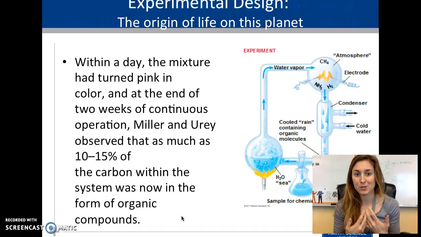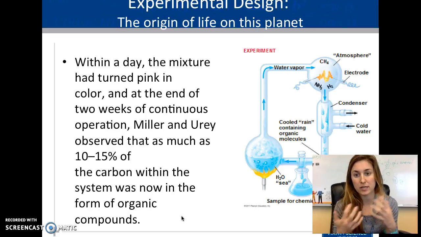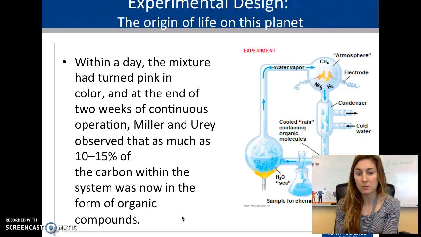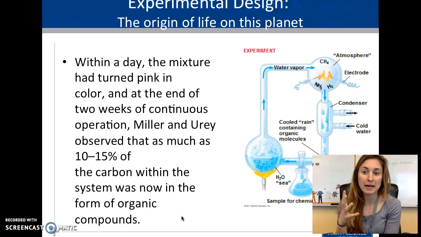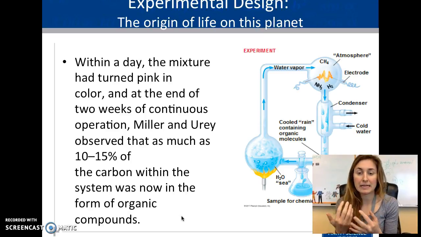Within a day, it turned pink, and within 2 weeks, 10 to 15% of the carbon had become carbon compounds just by lightning shocking those different compounds together, which is really cool.